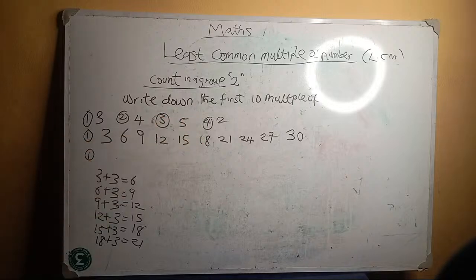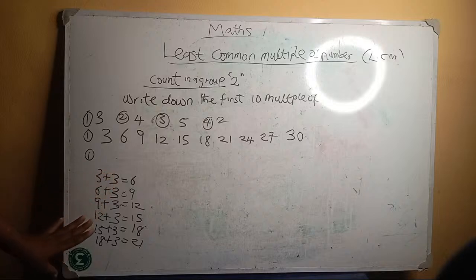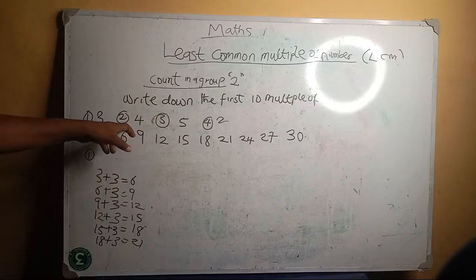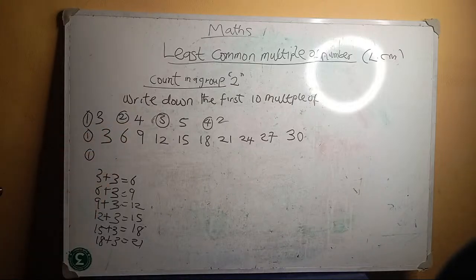Did you get what I'm saying? Did you understand what I'm talking about here? So after you have finished this one, then we'll go on to the next one. That is number 2.